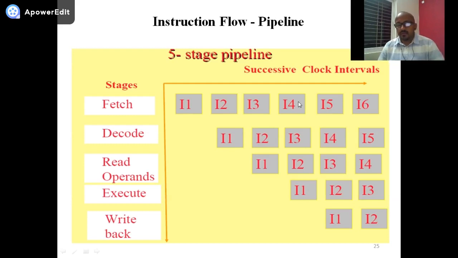And at time T4 the fourth instruction is fetched, the third instruction is decoded, the second instruction fetches the operands and the first is executed.